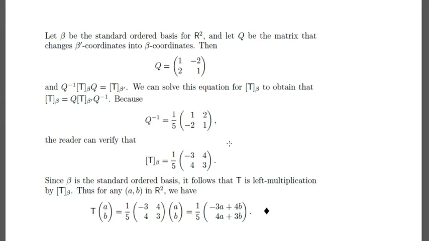So we can calculate T beta using this equation. We already have Q, find Q inverse, and now it's just a matter of verification that T beta is equal to the matrix 1/5 [-3 4; 4 3]. Now since beta is the standard ordered basis, we can find T of (a,b) as this matrix T beta times (a,b), and you can simplify this as 1/5 into (-3a plus 4b, 4a plus 3b).